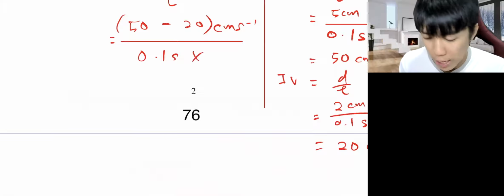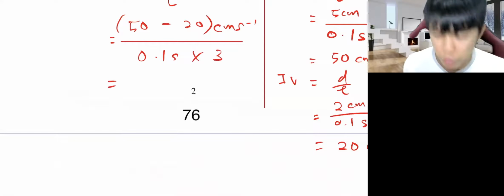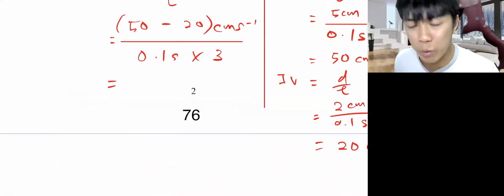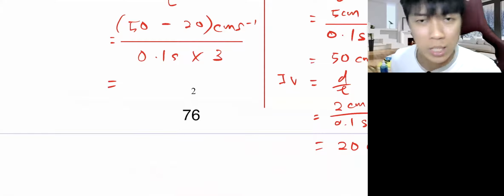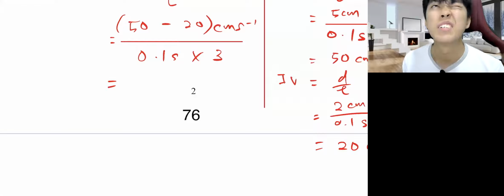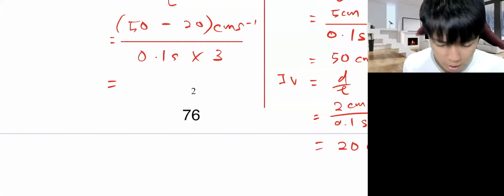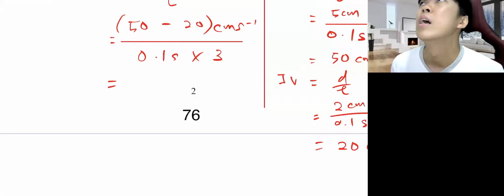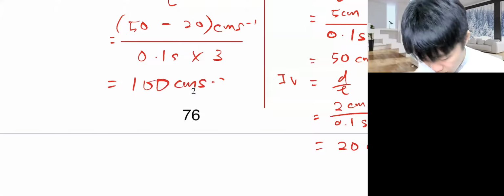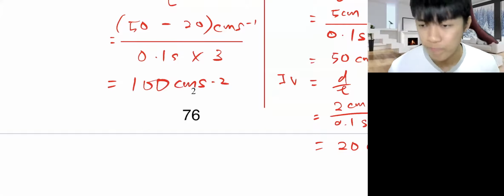So it should be 0.1 times 3. 3 strips, 1 lesser, because acceleration has to be 1 lesser. Remember, you have to go for interval. You have 4 strips, but we have only 3 intervals. So it should be times 3. Then your calculator will show you answer. 30 over 0.3, that will be 100 cm s^-2. 100 acceleration, cm s^-2.